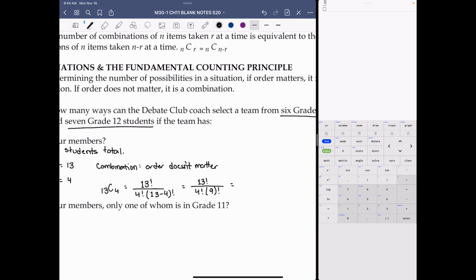The top of the fraction is 13 factorial. The bottom of the fraction is 4 factorial times 9 factorial, which gives us 715 ways to select a debate club of 4 students.